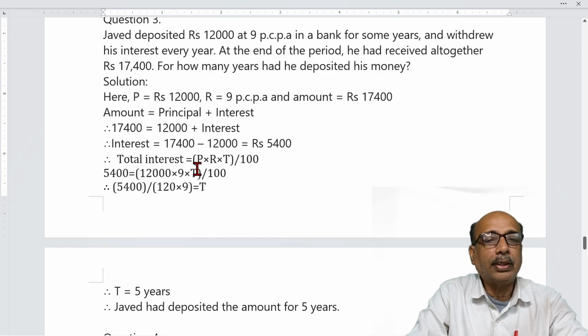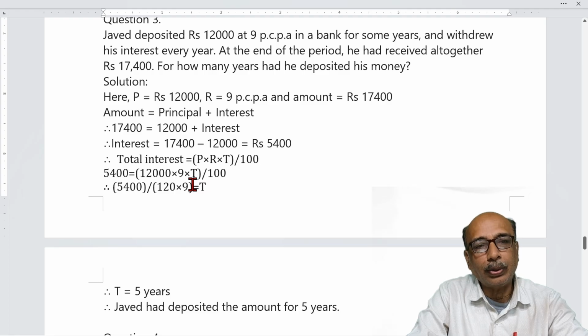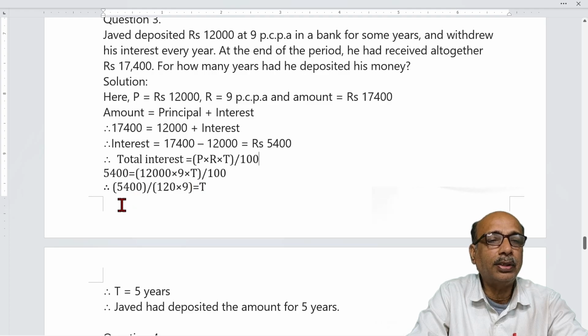Therefore, total interest equals PRT upon 100. So 5,400 equals 12,000 into 9 into T, T is not known to us, upon 100. Simplify for T by cross multiplying the terms. So 5,400 divided by 120 into 9.